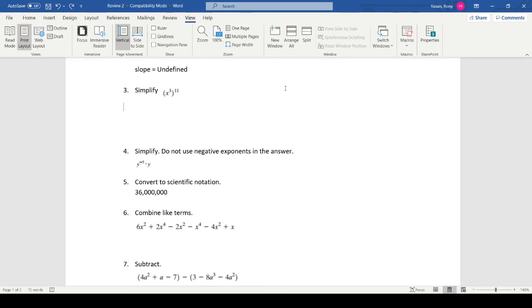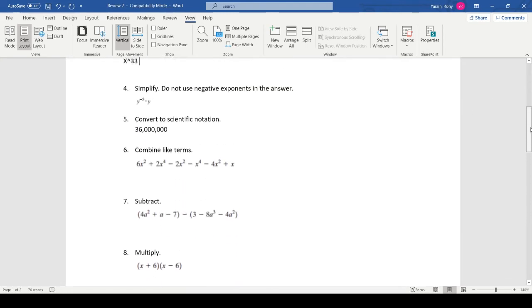So x to the third raised to the 11th power is 3 times 11, which is 33. So your answer will be x to the 33rd power. The caret symbol means you're raising something to a power.